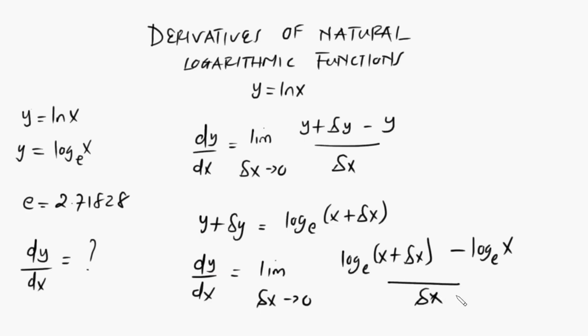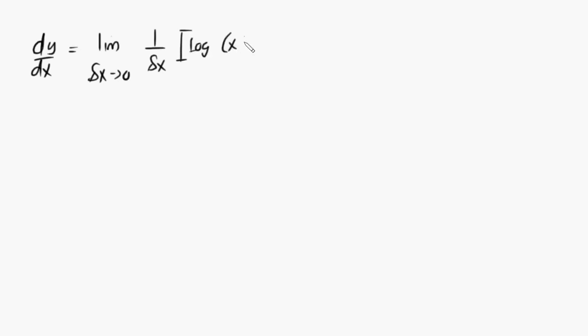Okay? Sasa hii delta x naweza nikai factor out hapo. Kwa hiyo nitakuwa na hivi, dy/dx is just equal to the limiting value as delta x approaches 0, we have 1 over delta x nimefactor out, then nabaki na the logarithm of (x plus delta x) to base e minus the logarithm of x to base e.